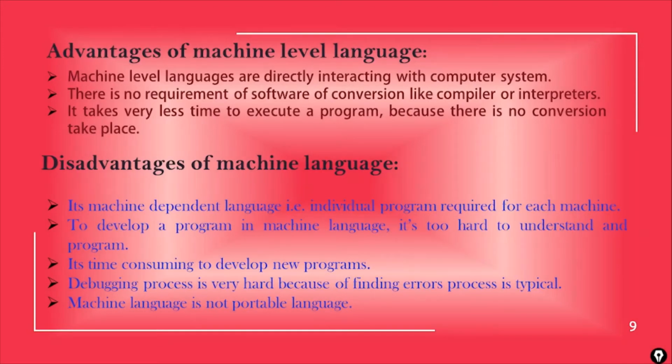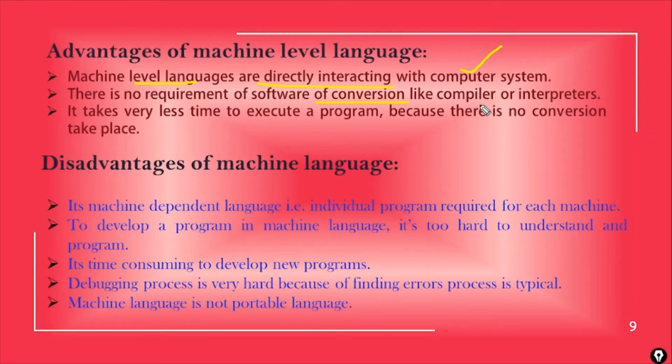Now the advantages and disadvantages of these languages. Advantages: machine level languages interact directly with the computer system. This is the main advantage, because computers understand only zeros and ones. The machine language is made up of 0 and 1, so it does not require any software for the conversion of the programming code, like compilers and interpreters.